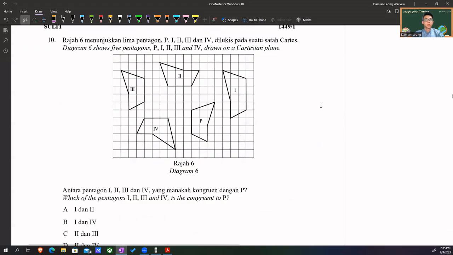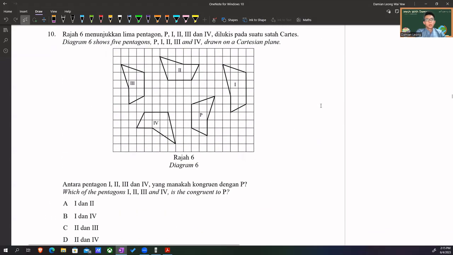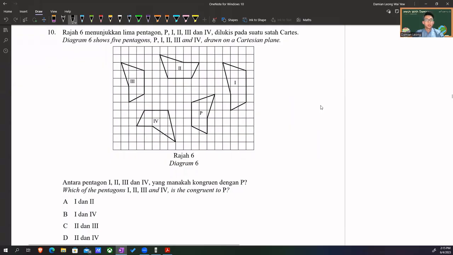Yeah. And question 10. Which of the pentagons 1, 2, 3, and 4 is congruent to P? Basically, congruent means it has to be the exact same shape and size. So the orientation can be different. So this and this are the same.